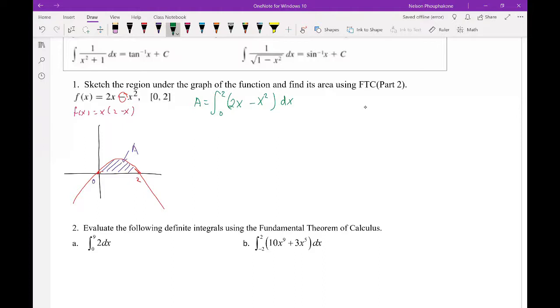Now in section 4.8, when we talked about the antiderivative, we know how to do this. Let me do it this way: the integral between 0 and 2 of 2x dx minus the integral between 0 and 2 of x squared dx. Of course, we could take the 2 out.